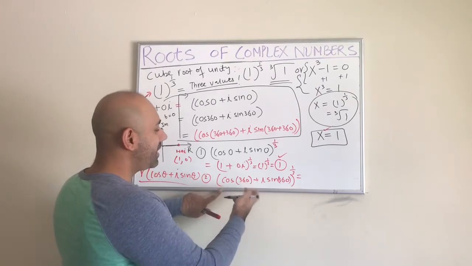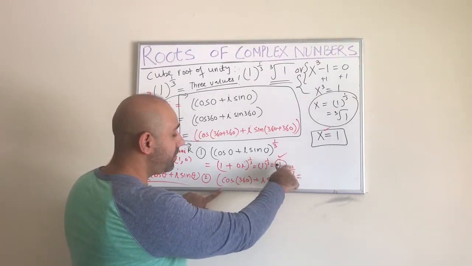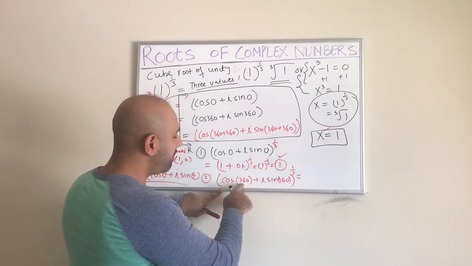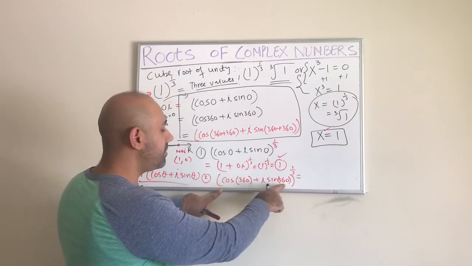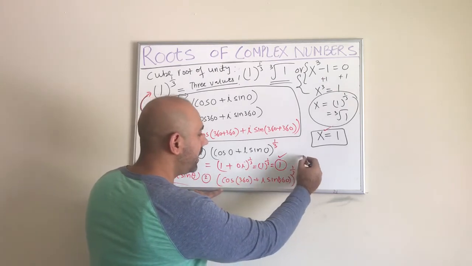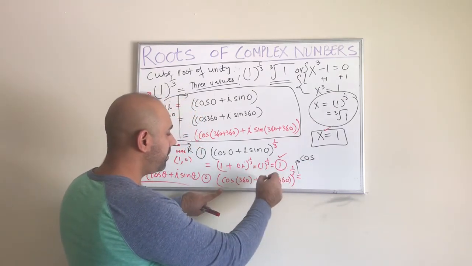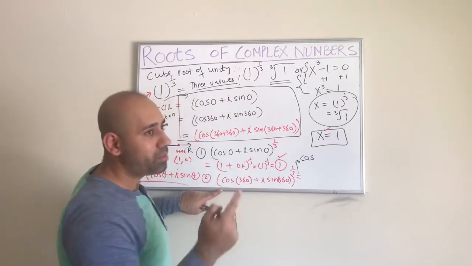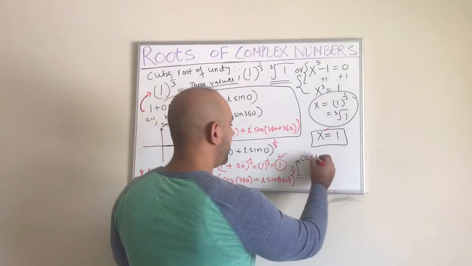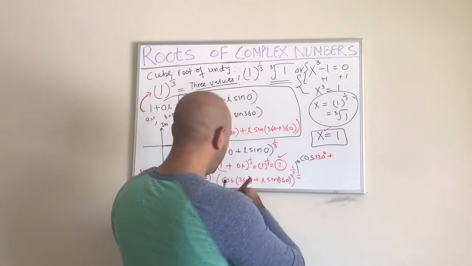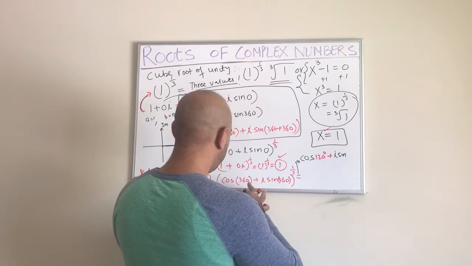But guys, here one should use the de Moivre's theorem. Using the de Moivre's theorem, what happens? This exponent has to be multiplied with the angle. So 1/3 times 360, same thing, 1/3 times 360. When we simplify this using the de Moivre's theorem, we're going to get cosine of 360 times 1/3, which is going to be 120. So I'm going to write cosine of 120 degrees plus I times sine of, again, 120 degrees.